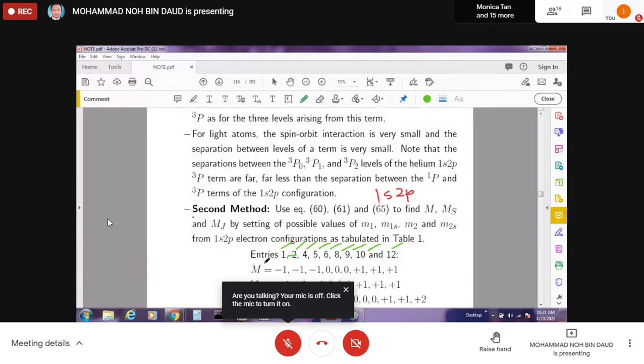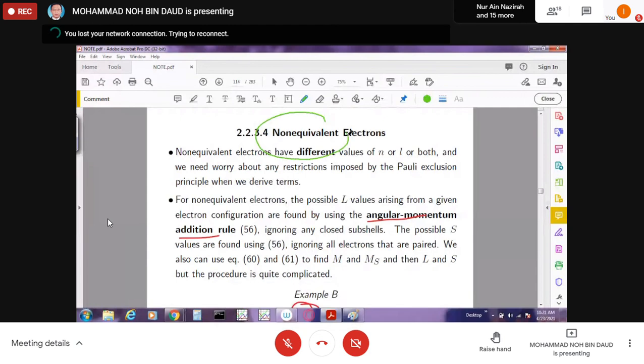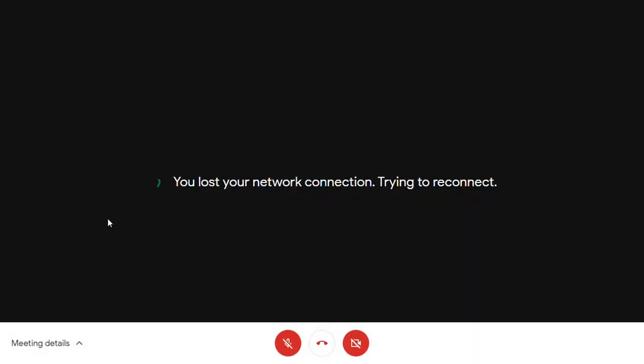To sum for the equivalent electrons. For the non-equivalent electrons, you can use this angular momentum addition rules instead of using these tables.